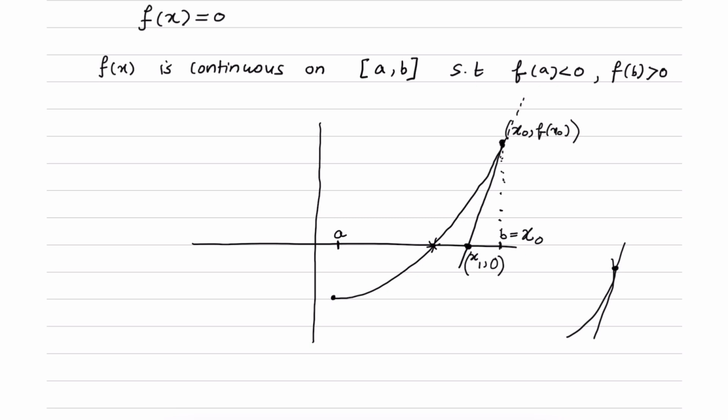Now you will recall from the previous video that this tangent line has a slope, and its slope will be denoted as f dash. Since we drew this tangent line at point x0, the slope of this tangent line is f dash at point x0.